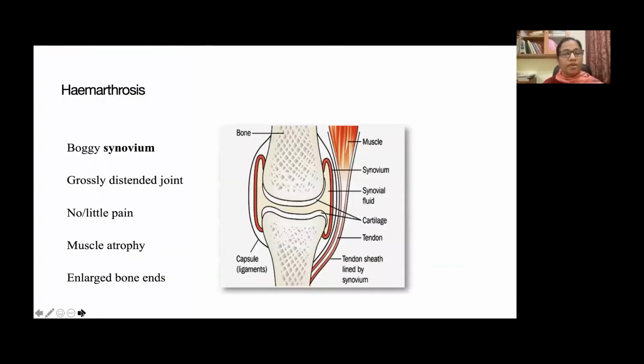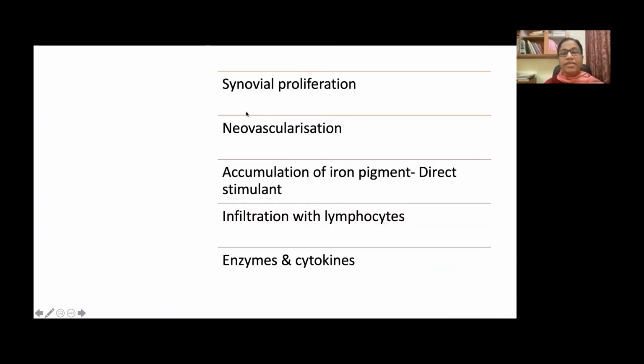Okay. So what is hemarthrosis? I'll just brief. I have already mentioned that the synovial membrane is the mostly affected part. The synovium is rich in vascular supply, and along with the grossly distended joint, the patient may or may not have pain, muscle atrophy, and enlarged bone ends, and chronic changes occur due to synovial proliferation and neovascularization of the synovial membrane.